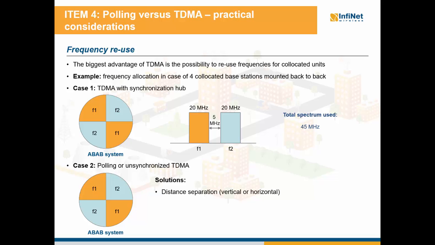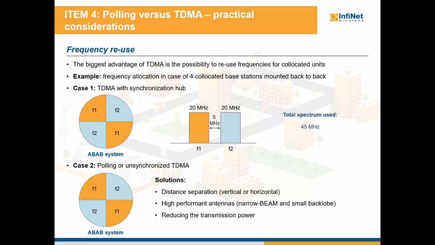Distance separation is one of the best options, either by mounting antennas at different heights, so vertical separation, or by mounting the units on different poles in order to avoid these interferences.